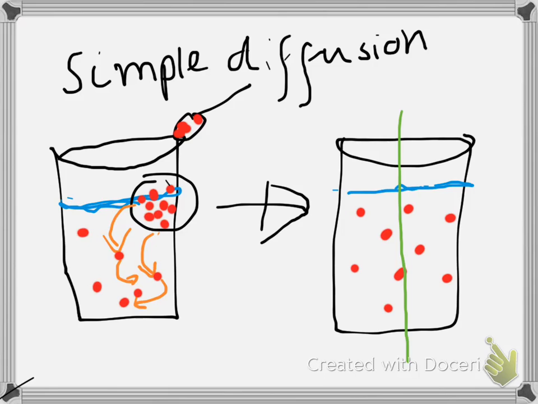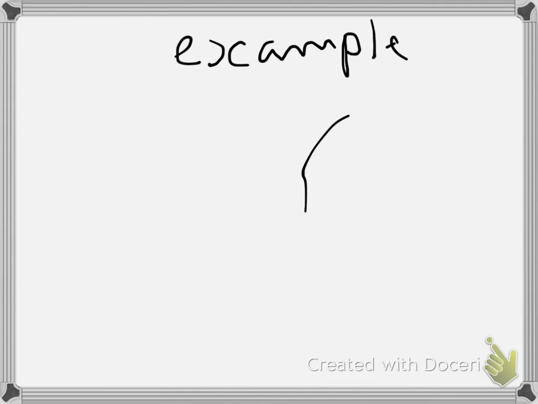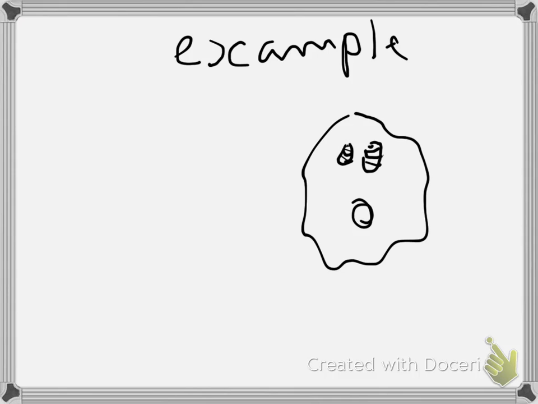Now let's look at an example. This example is going to be a very chemistry, biology sort of example. What we have here is a cell filled with some mitochondria, which I'm drawing right now, and a nucleus, of course.